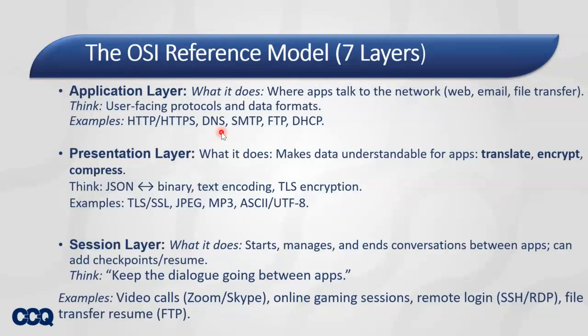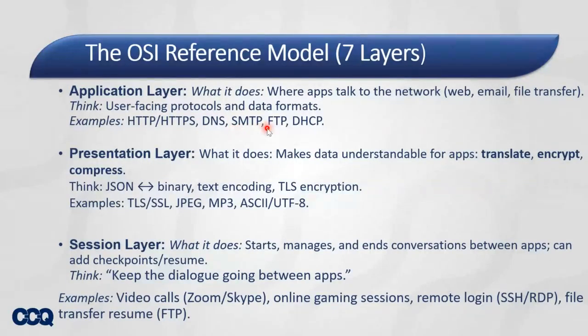The Domain Name Service transforms the name to an IP address, because we cannot memorize all the IP addresses of all the websites; it is easier to memorize the name. The DNS role is to convert the domain name to an IP address. This is also in the application layer.